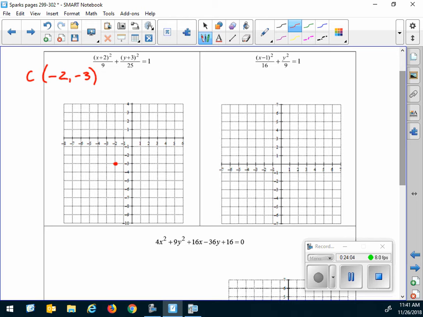What is A? What is the distance between the center and a vertex? 5. So 1, 2, 3, 4, 5, and 1, 2, 3, 4, 5. A minor. What is B? B is 3. So it's going to go 1, 2, 3, 1, 2, 3.